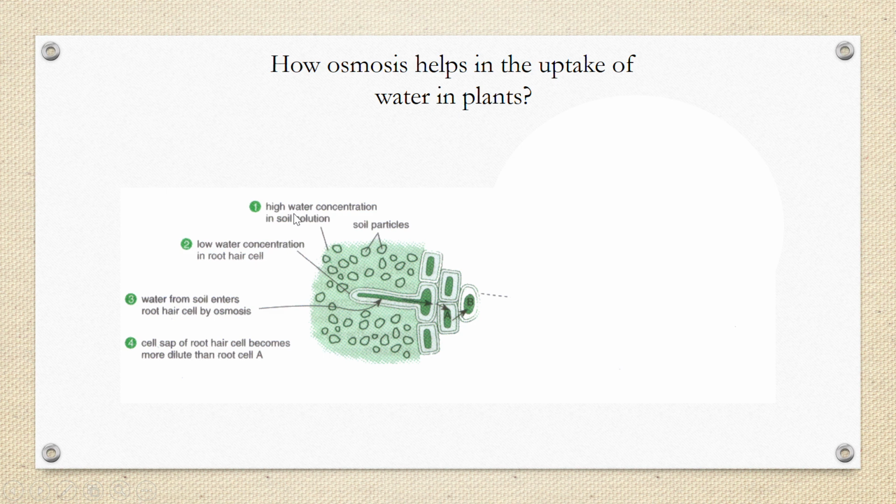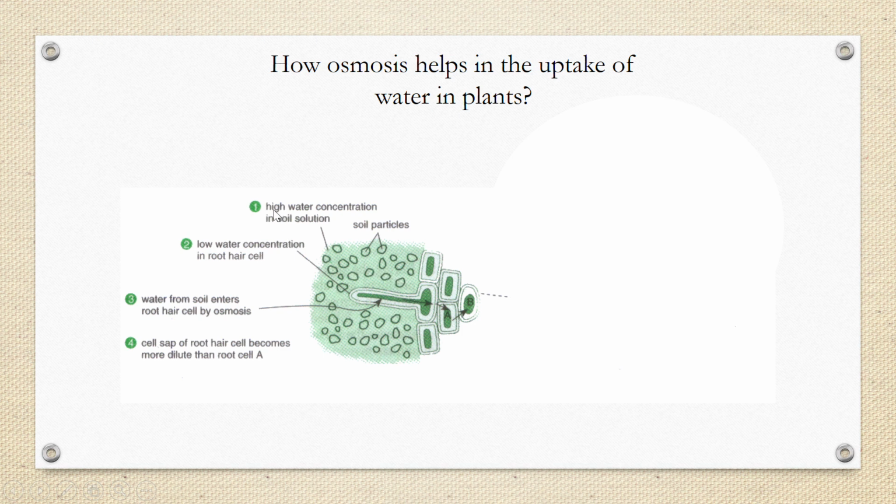Now compare the regions. If we are to compare, it must be two regions. This is the region inside the root hair cells. So we are comparing the cell sap, which is the vacuole, the water compartment or the solution, to the soil water.